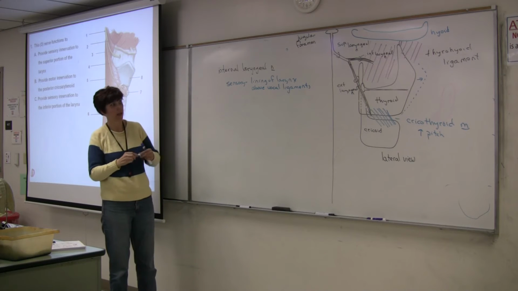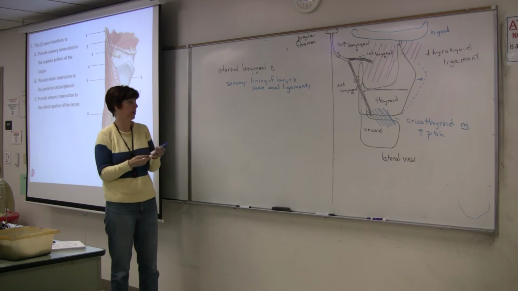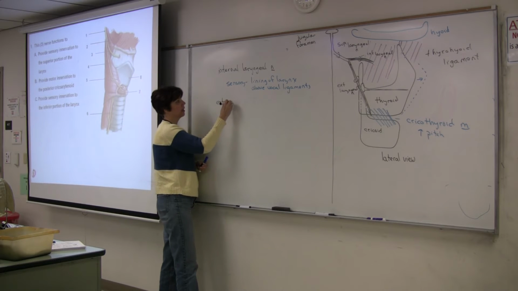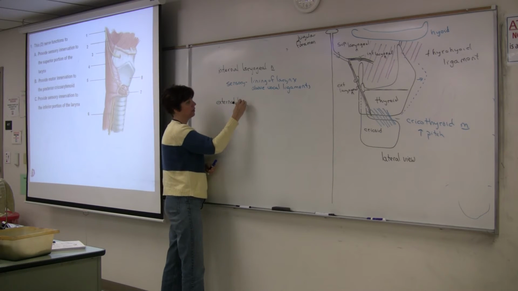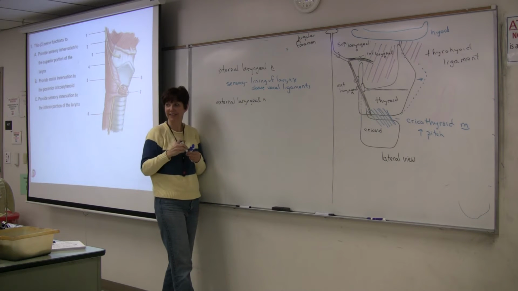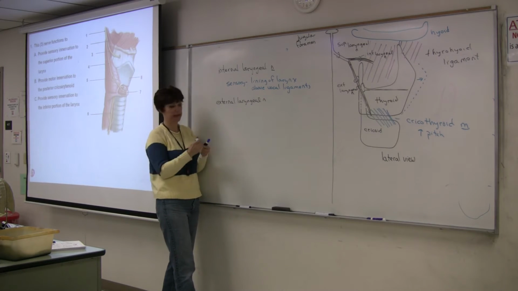Okay. And I'll show you on the model where I'm talking about here in just a moment. External laryngeal nerve is only motor to one muscle, and that's the cricothyroid muscle.